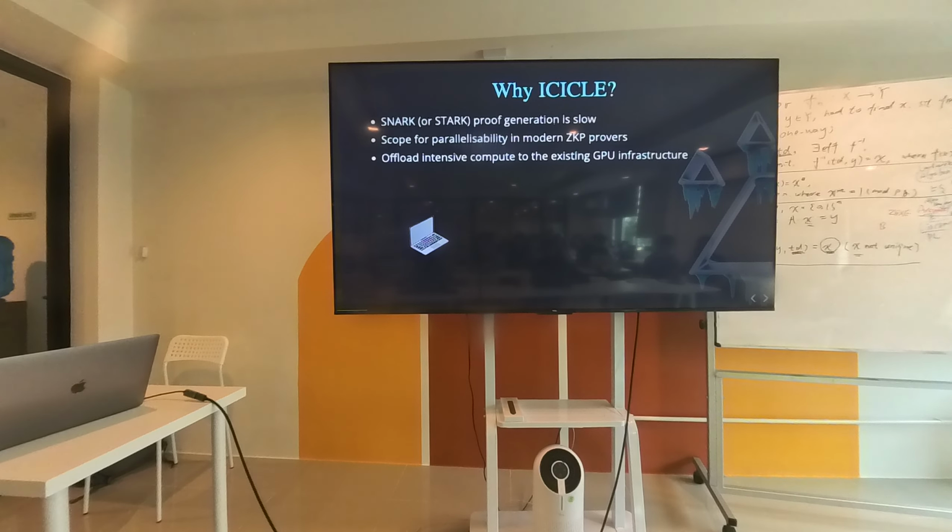So here's what happens. Let's say I have a host, or let's say I'm a developer. I write some code. I write a SNARK or STARK prover in the language of my choice, C++, Rust, Go, whatever.